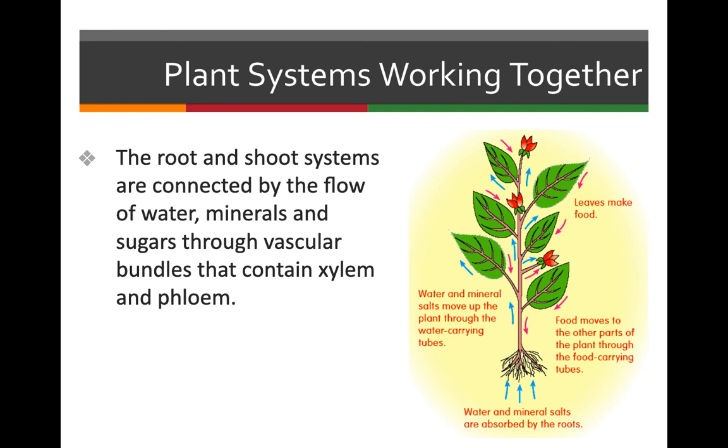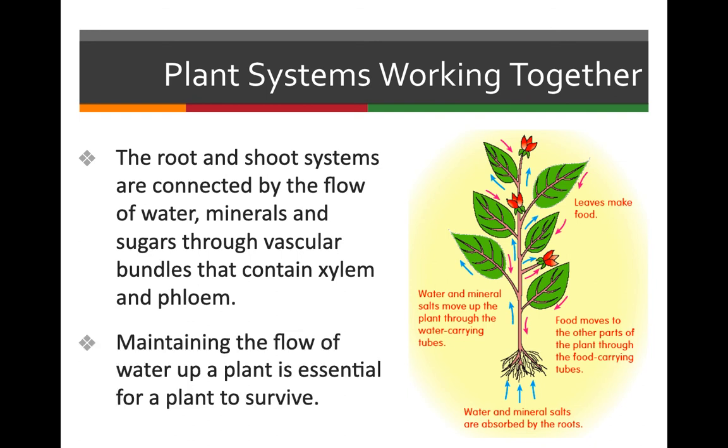So, vascular bundles that start in the roots continue up into the shoot system. Maintaining that flow of water up a plant is essential for a plant to survive. So, both of those systems need to be working together in order for the plant to survive. So, there's the introduction to the overall organization of a plant.